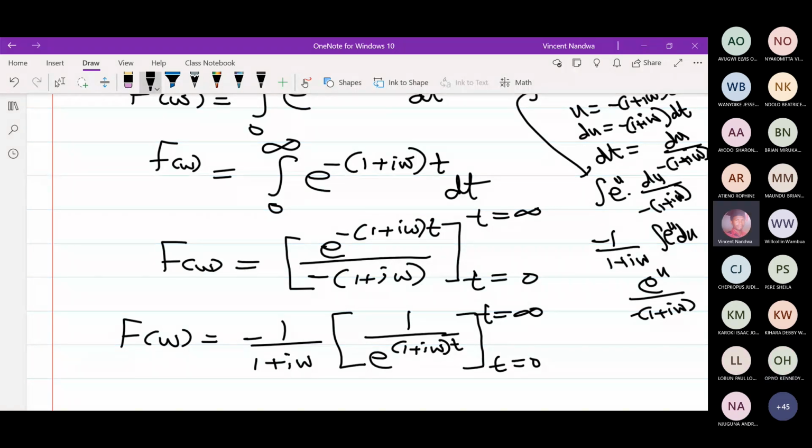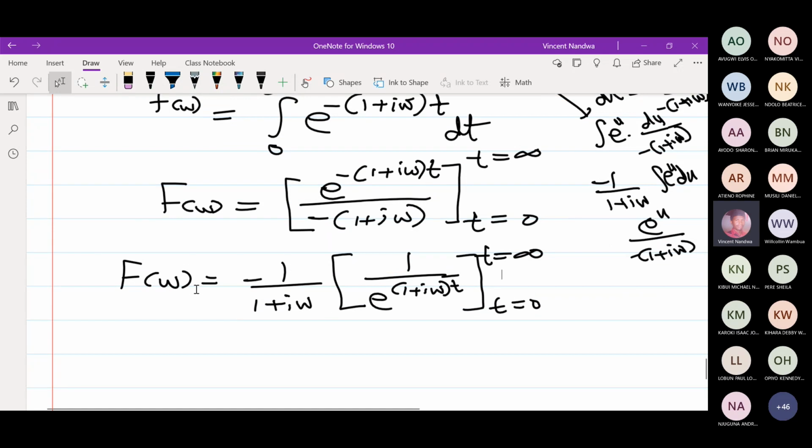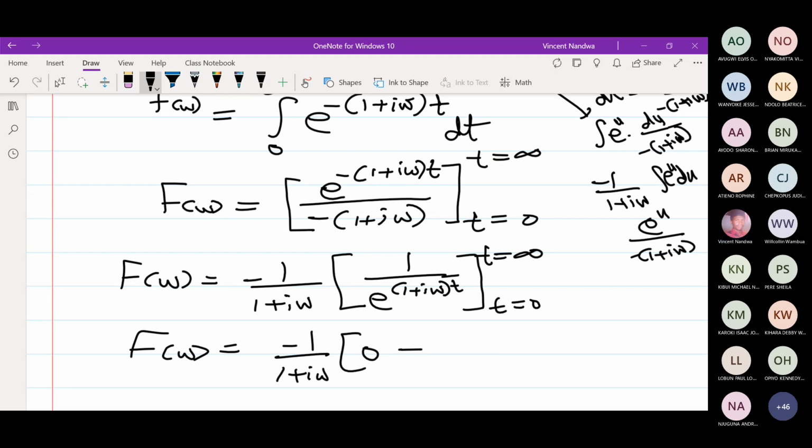So e power a large number will also give a large number, and 1 over a very big number approaches 0. Correct. So the upper limit will be 0. And then minus, when you put t equal to 0, the power of e will be 0, and e power 0 is 1. So 1 over 1 is 1.